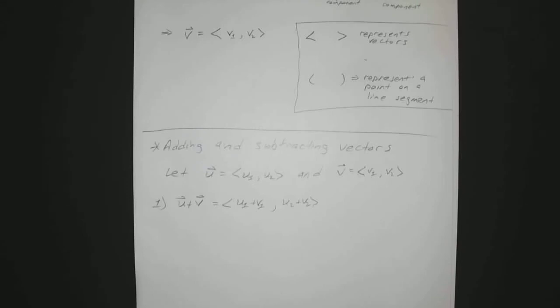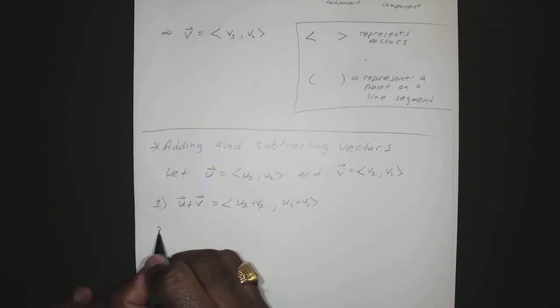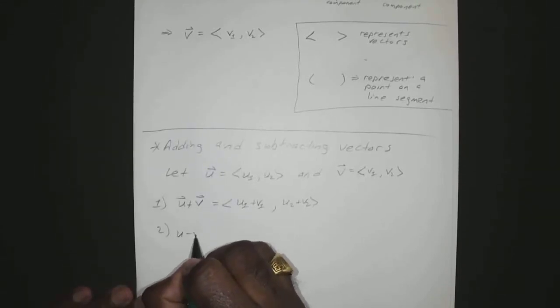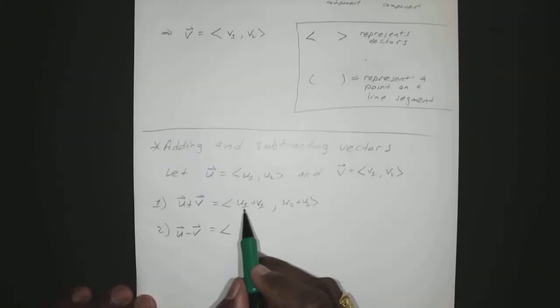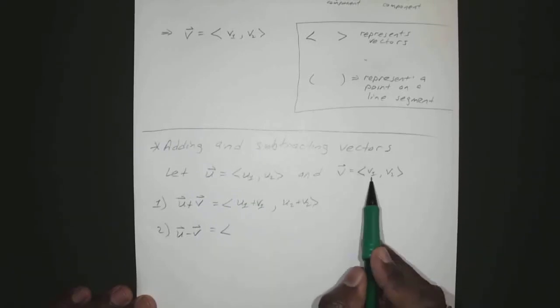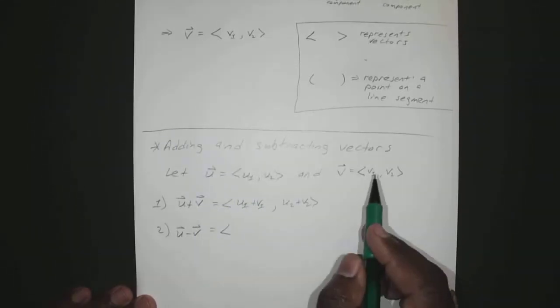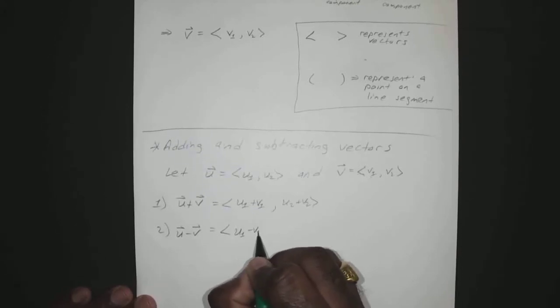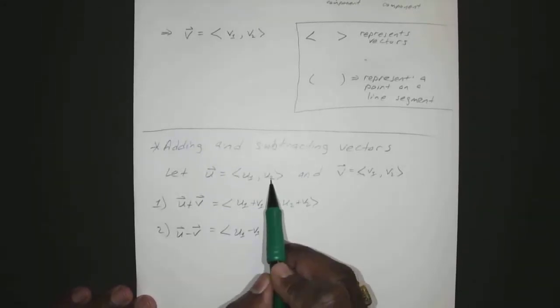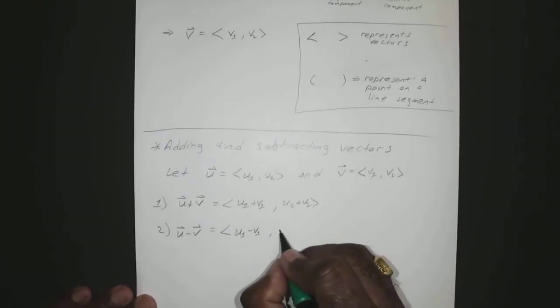Okay, so that's how you add vectors together. Same thing with subtraction. To subtract two vectors, you take the first component minus the first component of v, and then you do the second component minus the second component of v.